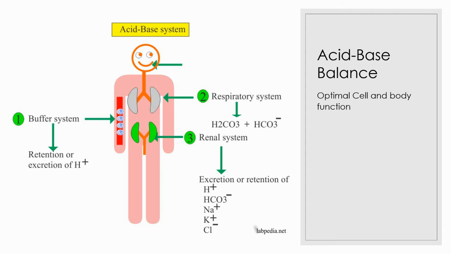Now, if the pH goes outside of the normal range, enzymes within cells don't function properly. Hemoglobin also does not manage oxygen properly. And the result of all of this is serious physiological problems that can occur, including death.